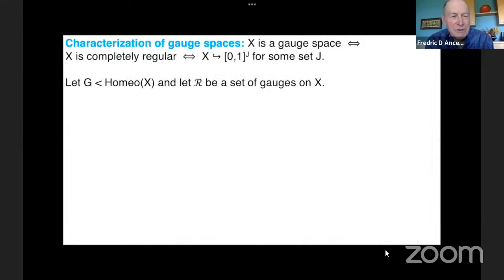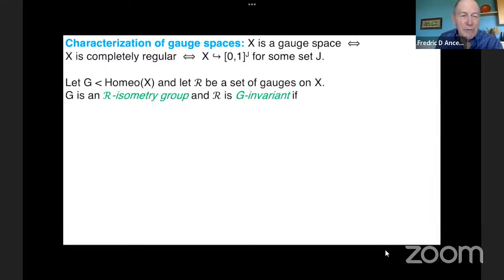So now I'm interested in when you have a group of homeomorphisms of a topological Hausdorff space, and you have a set of gauges, when can you find a set of gauges that is invariant with respect to the group?